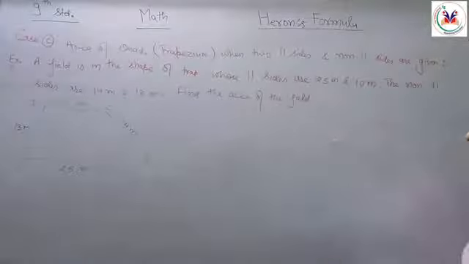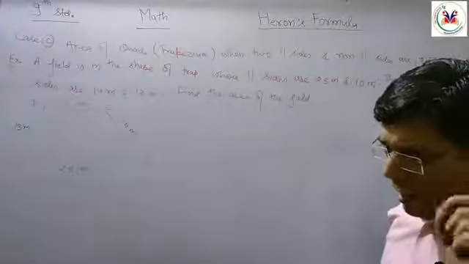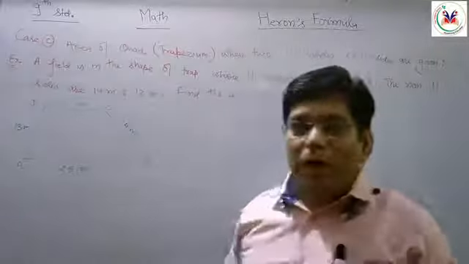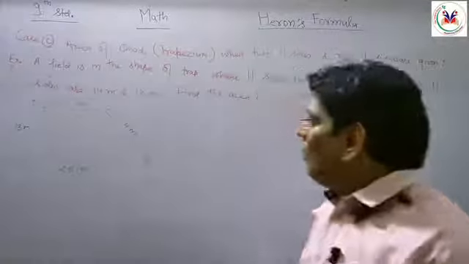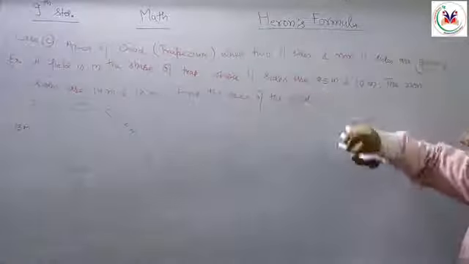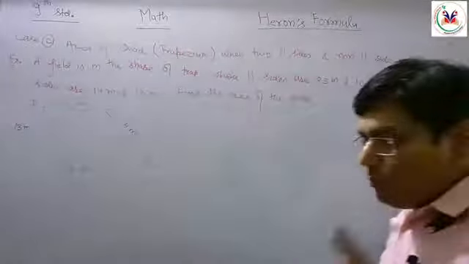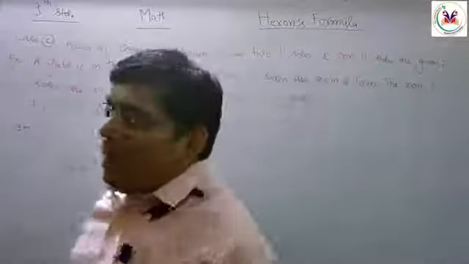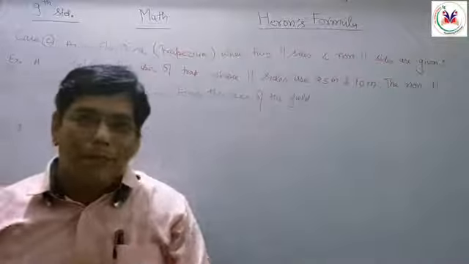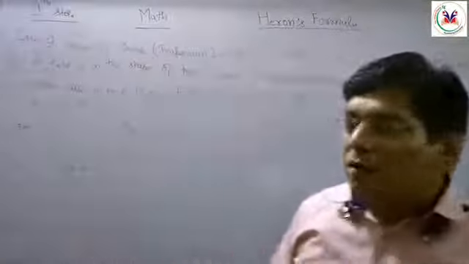A field is in the shape of trapezium. एक field है जो trapezium के shape का है and the parallel sides of that trapezium are 25 meter and 10 meter. That means parallel sides तो 25 and 10 हैं और non-parallel sides are 13 meter and 14 meter.